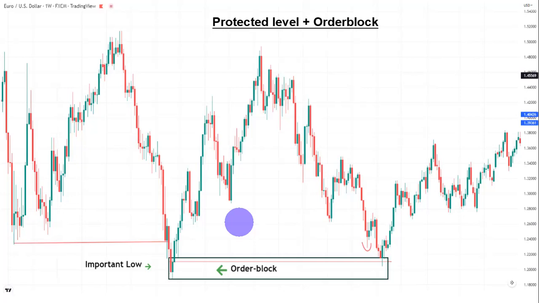When we're looking at the order block, we're trying to mark out the origin of the buying or the selling of the big traders, because we want to buy where they're buying or sell where they're selling. So whatever that origin is, that is the zone we mark out.